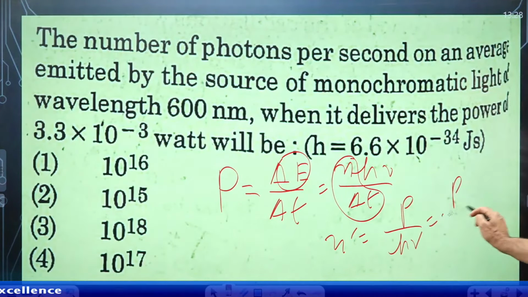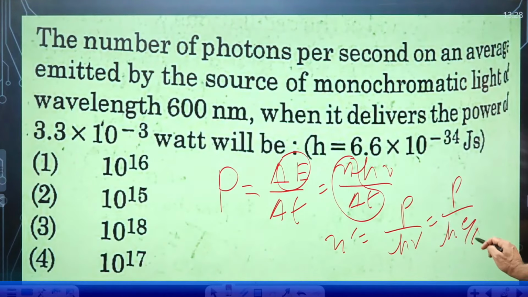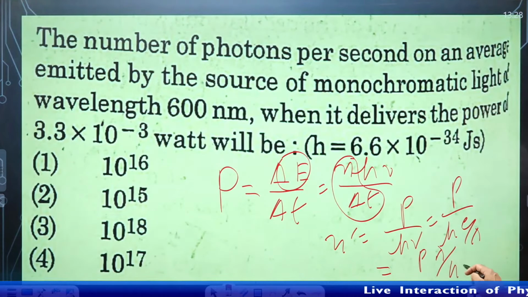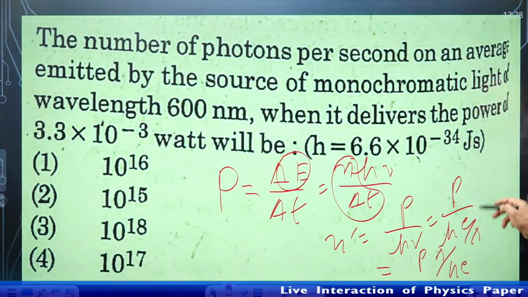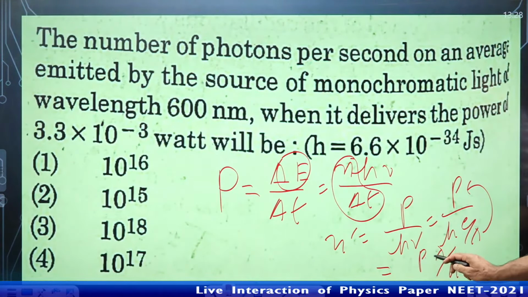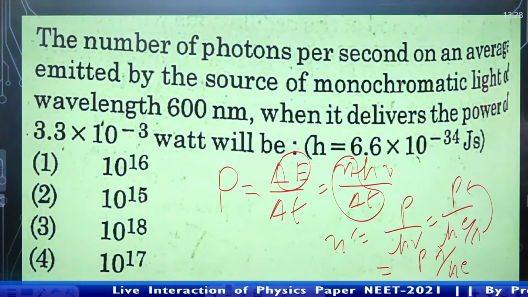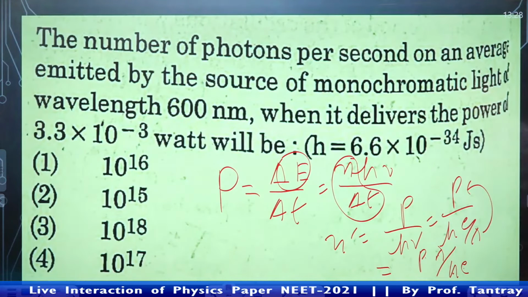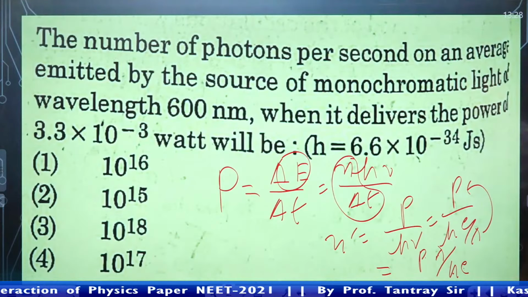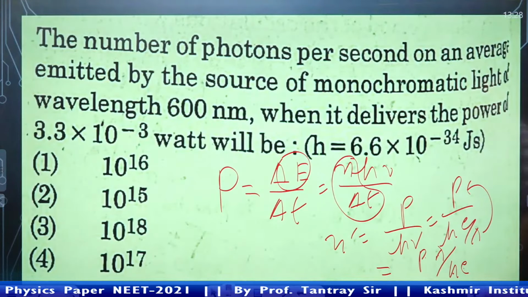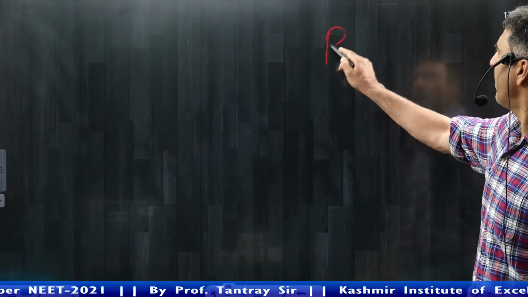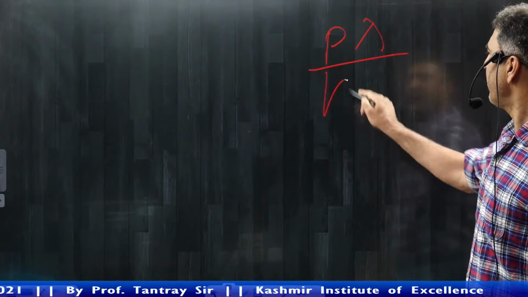That is P by h c by lambda. Lambda will go up, so that is P lambda by h c. So I have to substitute this, this and this. Let me see, can I get the right answer? P lambda by h c.